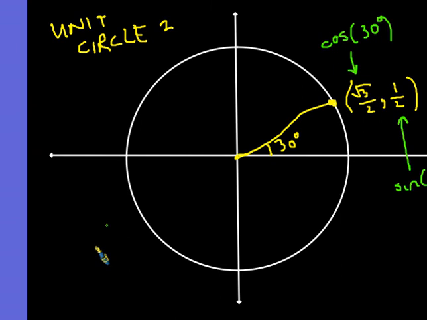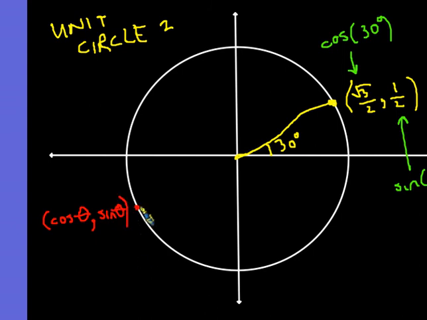In general, if we pick an XY point on the unit circle, I'm going to pick one over here if you don't mind, this point is going to give us the cosine of whatever the angle of interest is, and it's also going to give us the sine of that same angle.